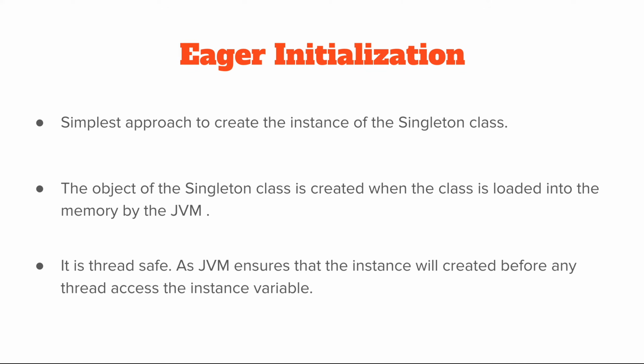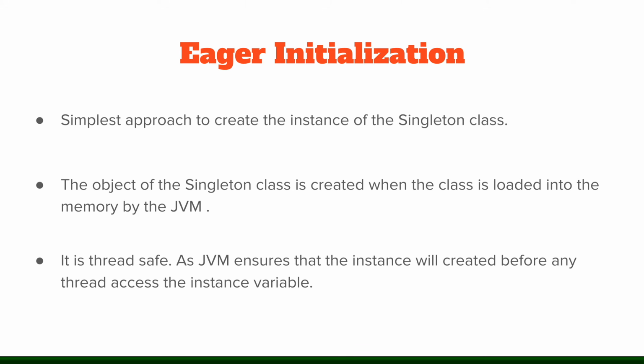So let's see one more variation. Basically, instead of creating its instance in the attribute at the field level, let's use a static block and create its instance there, where we can do the exception handling.